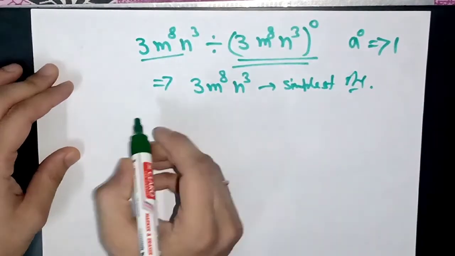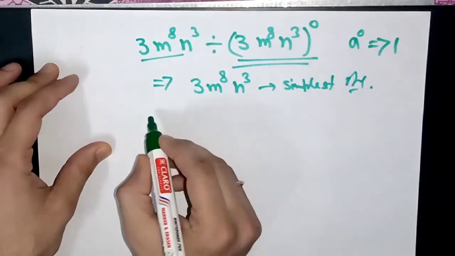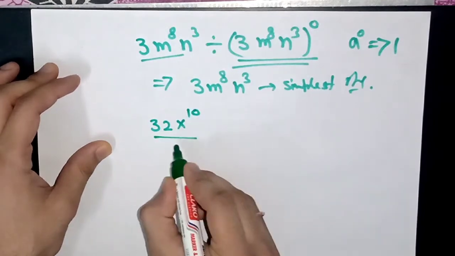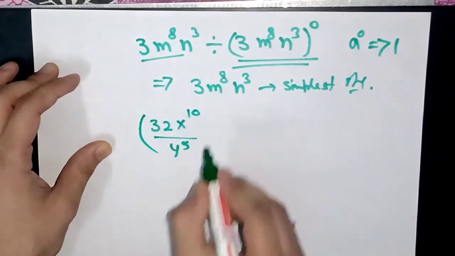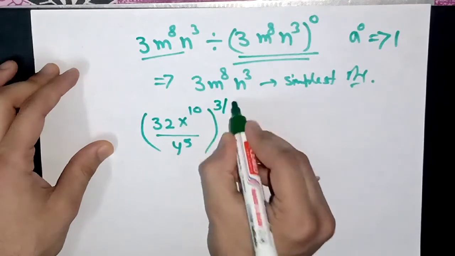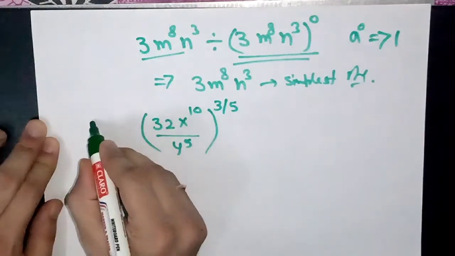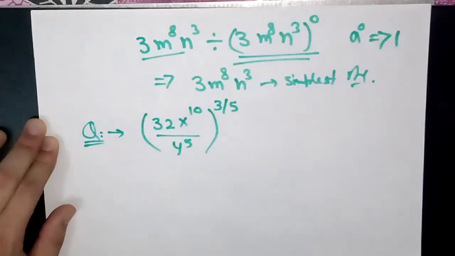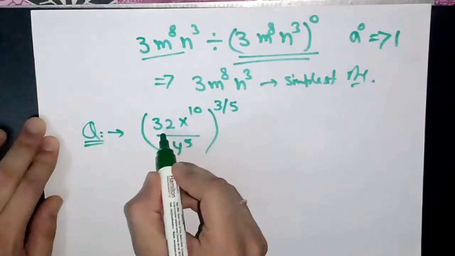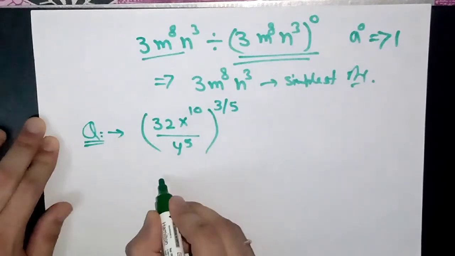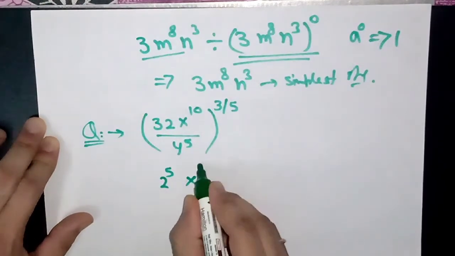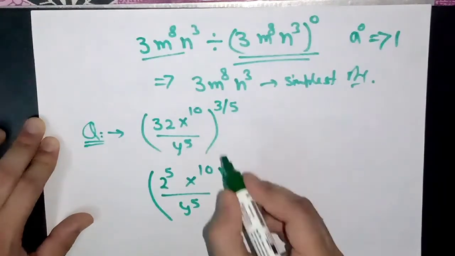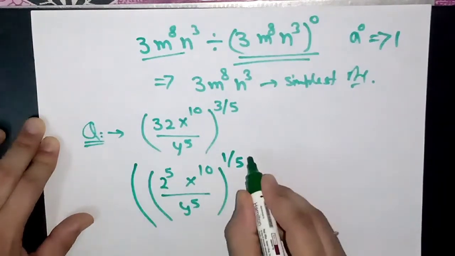Let's discuss the last example of this lecture, which is 32 x to the power 10 divided by y to the power 5, whole to the power 3 by 5. Let's try to solve this. We can prime factorize 32, so this can be written as 2 to the power 5, x to the power 10, y to the power 5, whole. The 1 by 5 can be taken inside and 3 can be taken outside.